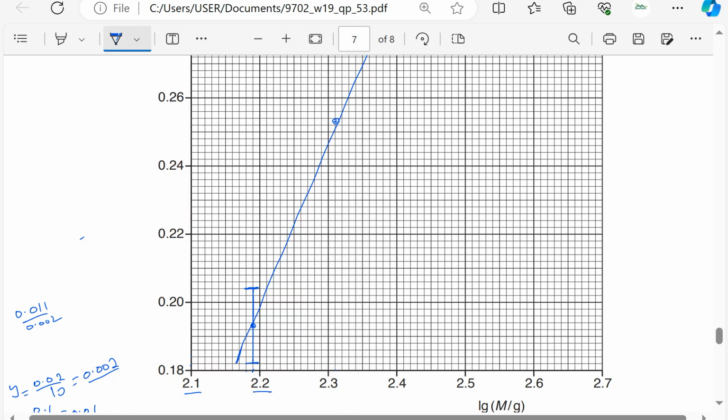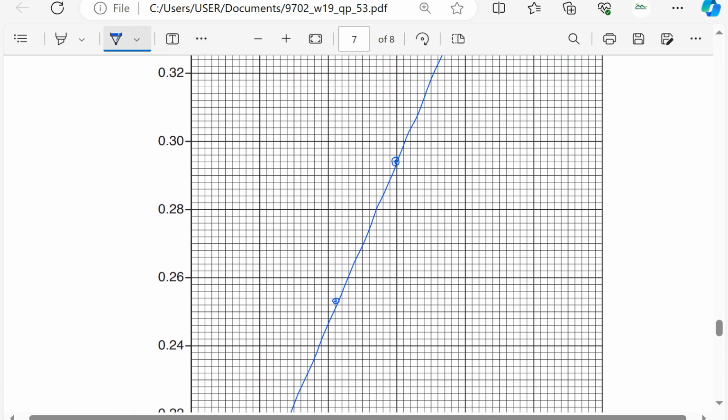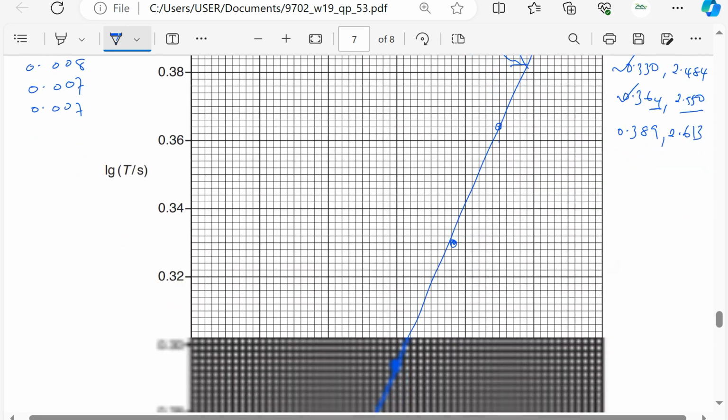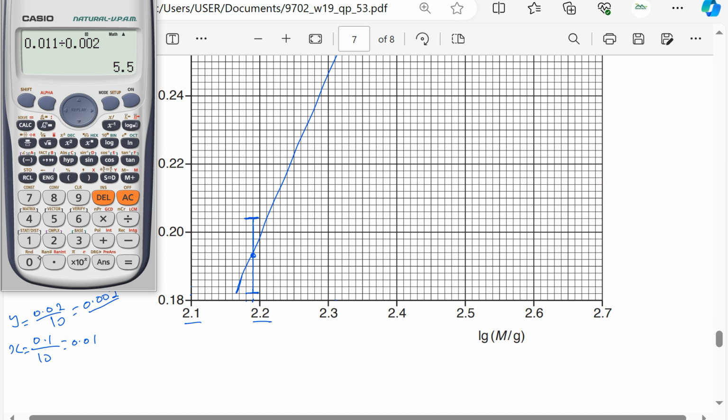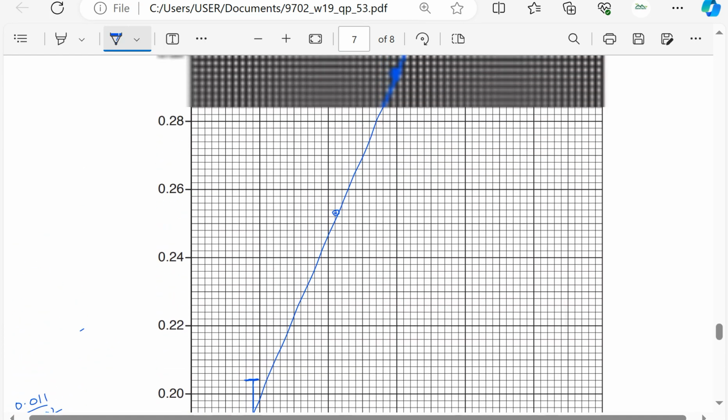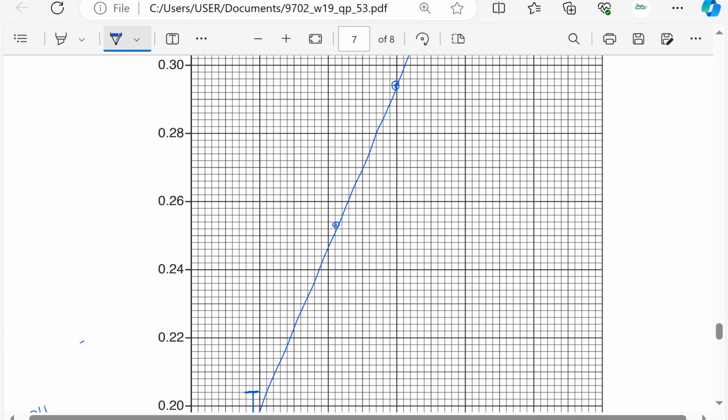Okay, then the second error bar was 0.01. Let me check with my calculator. 0.01 divided by 0.002. Those are strictly 5 small squares. So 5 above and 5 below. Remember this point was in the middle of the box. So a half, 1, 2, 3, 4.